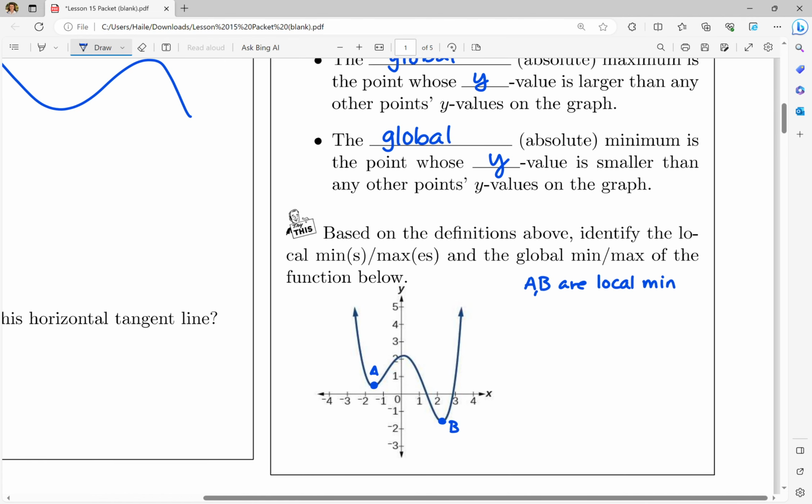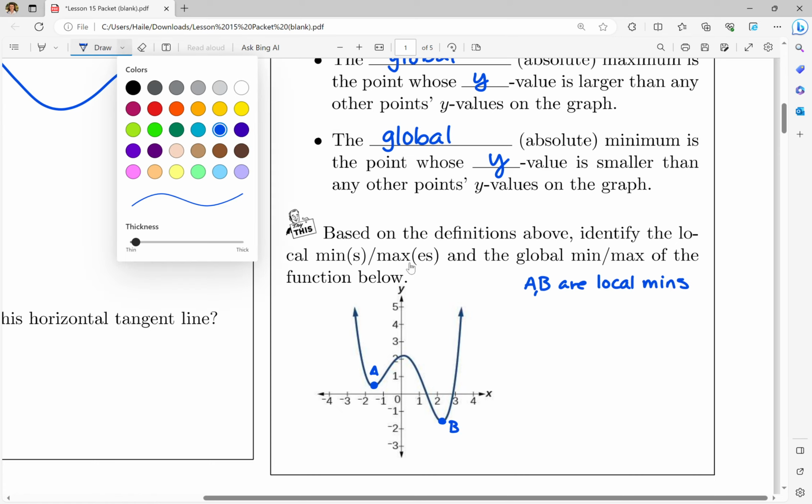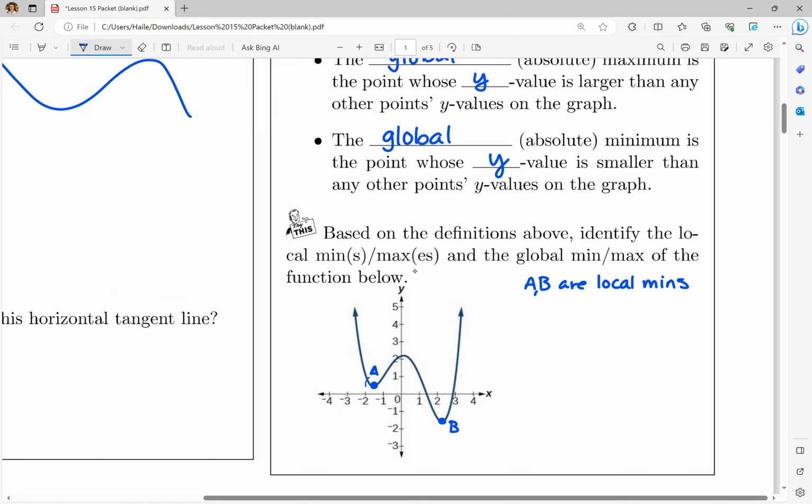And why are they local mins? Well, they're smaller than the other points around it. So when we're talking about local, we're talking about very small intervals around the point. So like if I were to look around that, I see every point around that is a little bit larger than A and B. Okay?